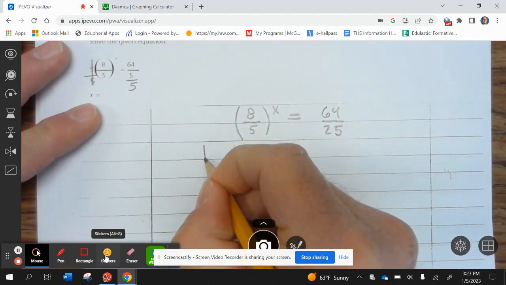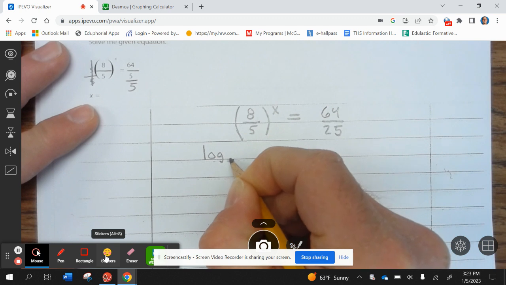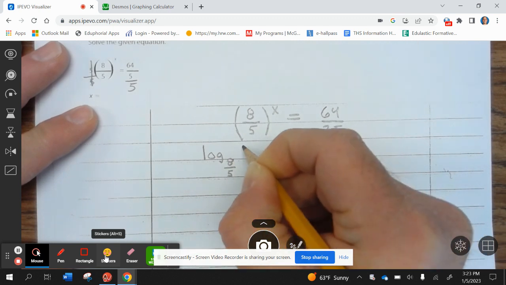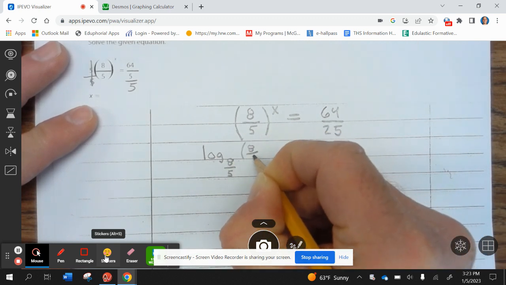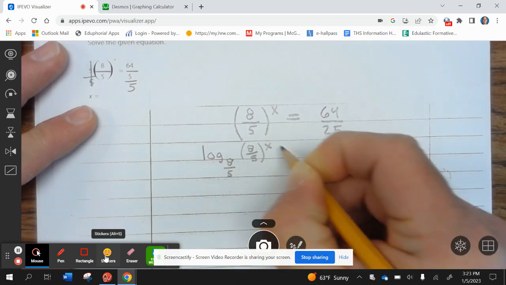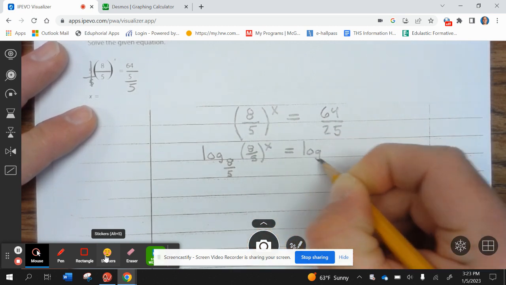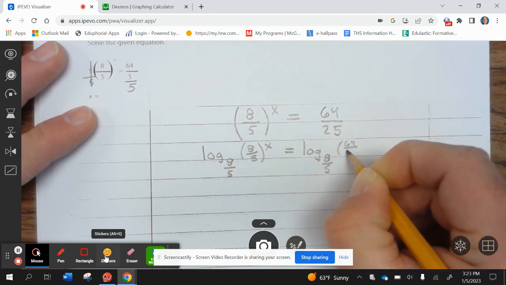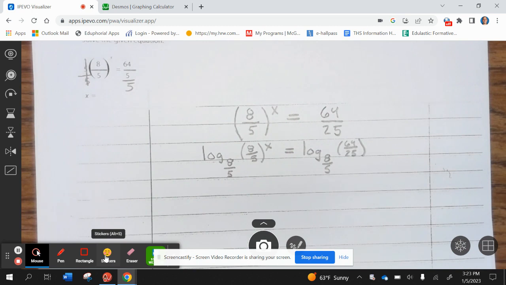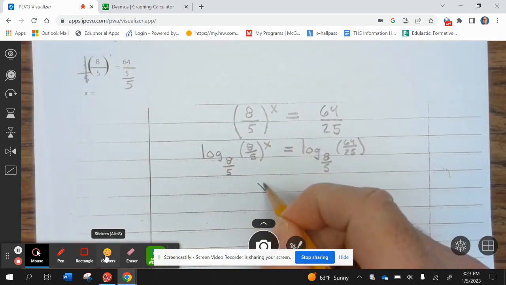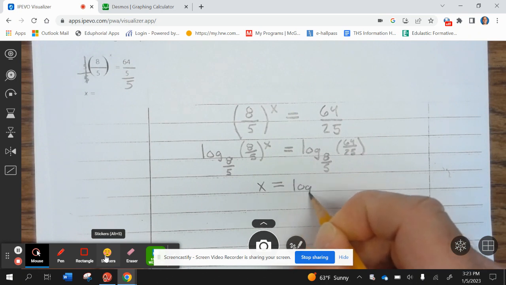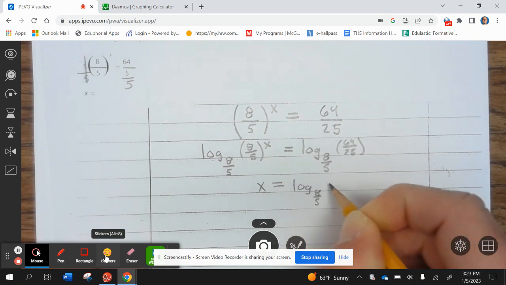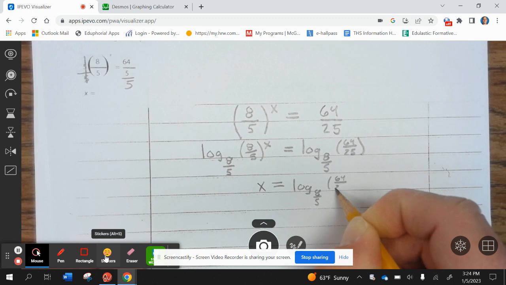Now we're going to take the log base 8/5 of both sides. This cancels. You're left with x equals log base 8/5 of 64/25.